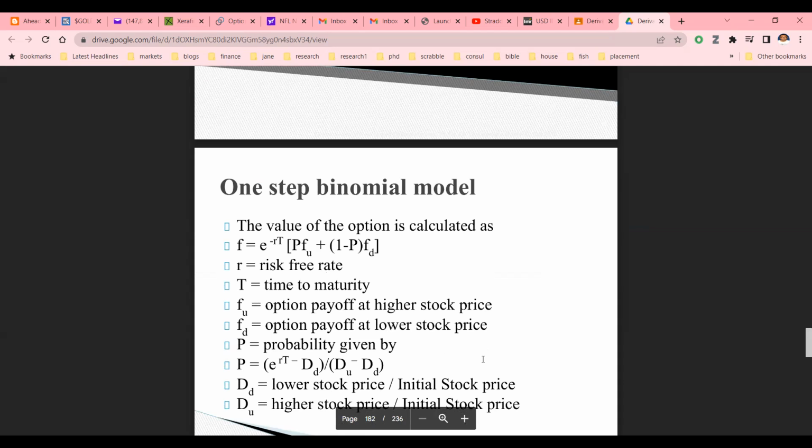Basically, the option premium is calculated using that formula. We'll do a numerical and you'll understand. There's a one-step binomial model and then there's a multi-step binomial model. I'll just walk you through how those mechanisms work, but in real life, everything is done with the Black Scholes model.